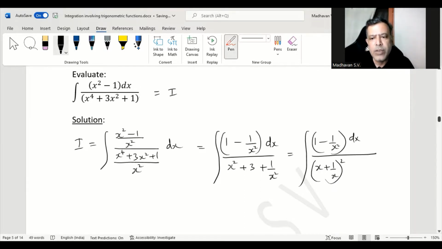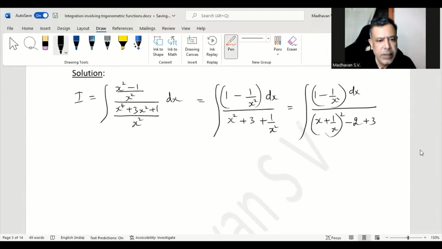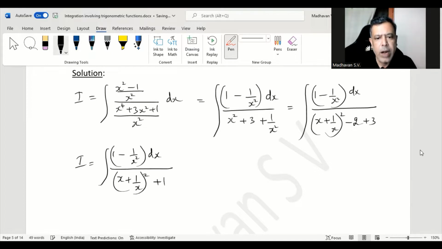So that 2 has to be subtracted. So we will put minus 2, and then whatever is written there already, which is 3, we will be writing that. So that means this I will become now integral of (1 minus 1 by x square) dx divided by (x plus 1 by x) the square plus 1.